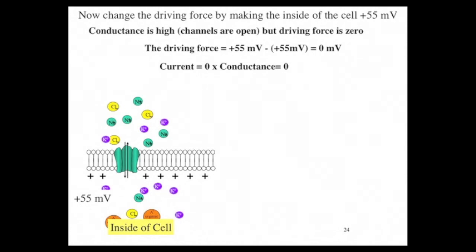So the driving force is 0. So the current has to be 0 because the driving force is 0 times the conductance is 0. One in, one out. One in, one out. That's what happens at the equilibrium potential. For every one driven in by its concentration force, one will be repelled out by its electrical force. There will be no net flow of sodium.